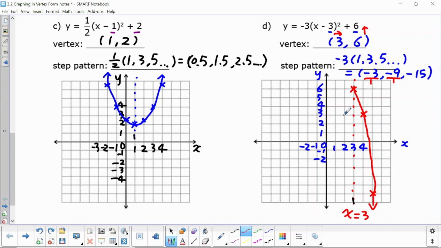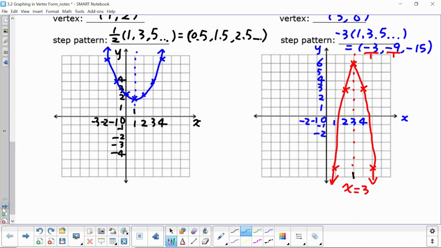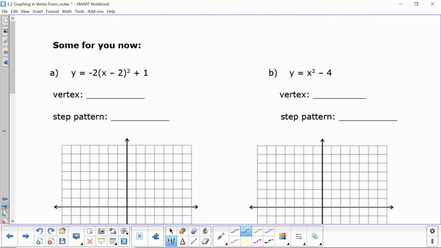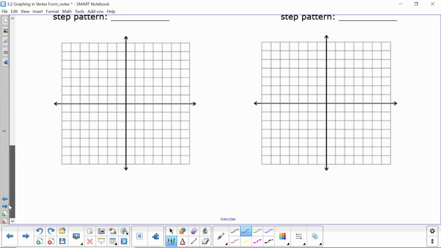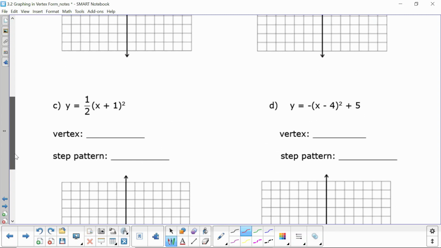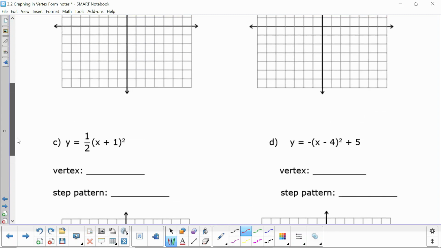Then find the symmetric points to the left and connect them smoothly. Okay, then we finish this graph. Check your answer to see if it's correct. And next, some for you now. Please try them by yourself, and we'll give you 15 minutes, okay?